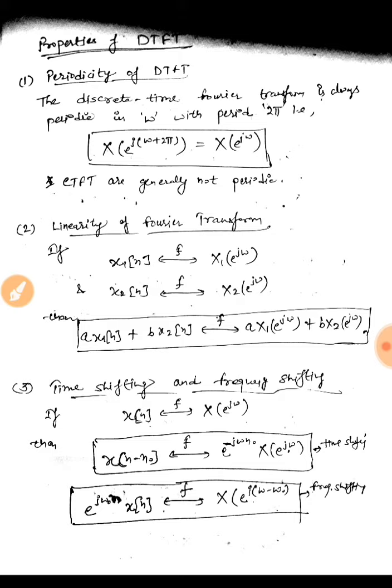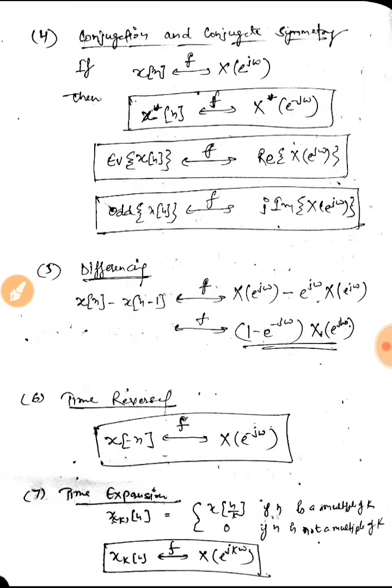So this is the case of time shifting. While if I perform shifting in the frequency domain, there will be a term e raised to power j omega naught n multiplied in the time domain, where omega naught is the frequency by which we have shifted our frequency domain signal. So if it is shifted in time, then this term will be multiplied in frequency domain. If it is shifted in frequency, then this term will be multiplied in time domain.